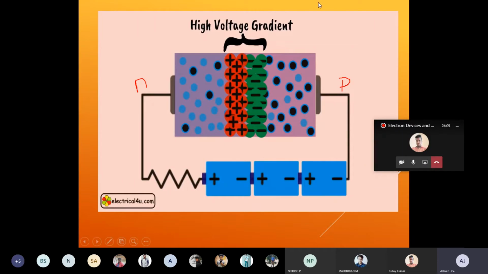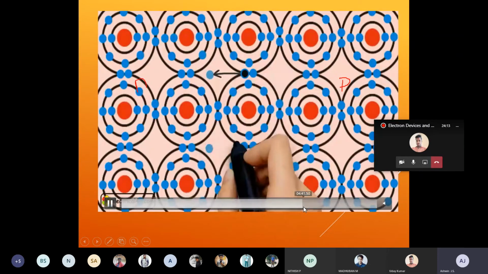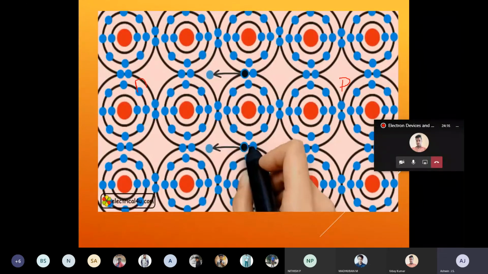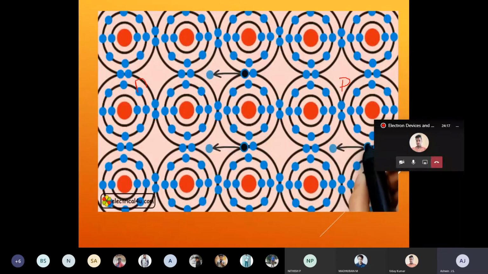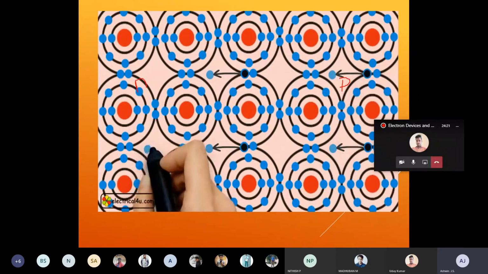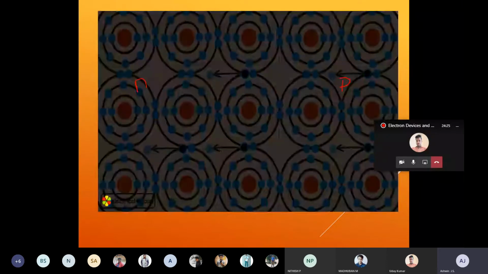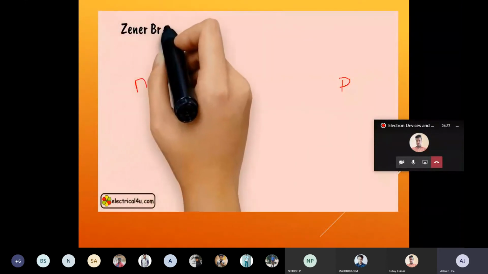That's why they are drawing more. If you see the Zener breakdown occurring, the electrons come out due to the high electric field. In avalanche, they gain energy due to kinetic energy, but here in Zener they come out due to the high electric field I am giving. That's it. After that it is not bombarding. That is the difference.